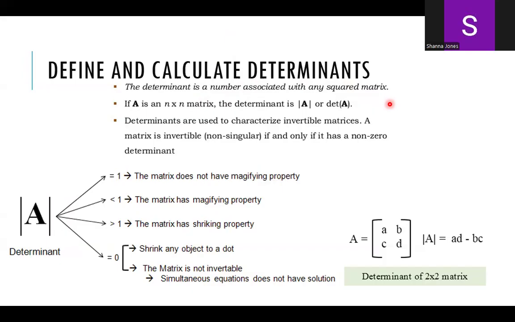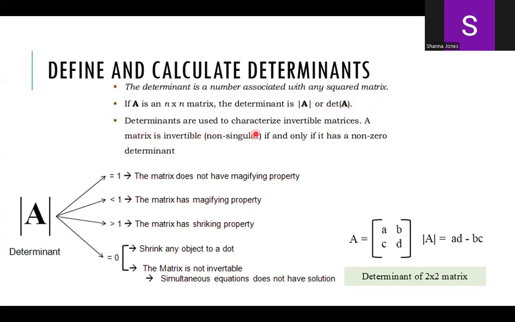Those are square matrices. If A is a square matrix, then it has a possible determinant. When you see the absolute value of a matrix, it means determinant. The absolute value of a matrix doesn't mean you're going to take all the elements and turn them positive. It means that you're going to find its determinant.